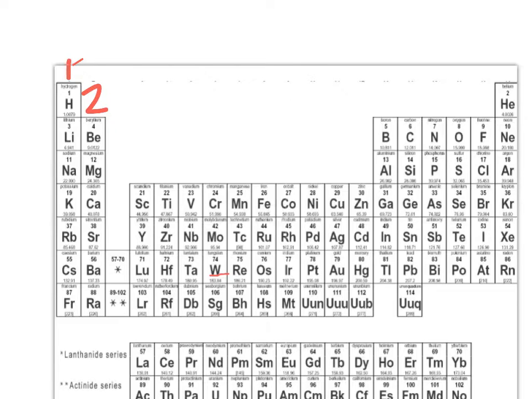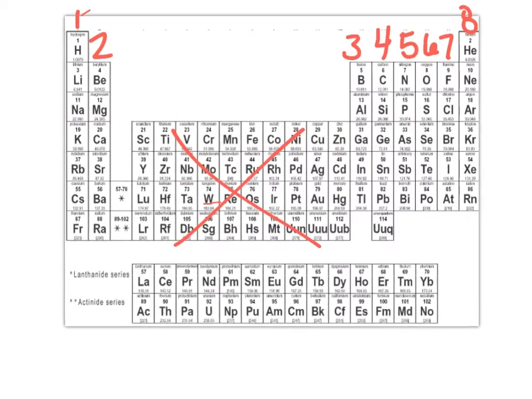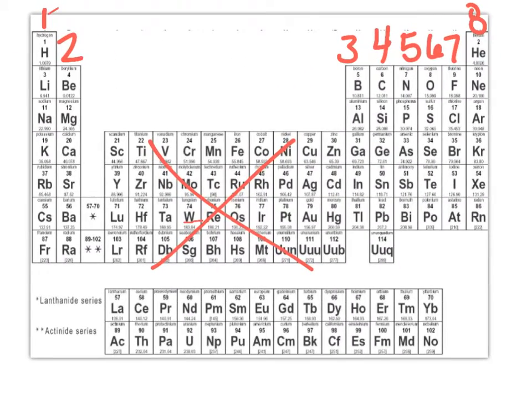And for our purposes, we don't care about this stuff in the middle, so we're going to skip over to boron. That's 3, carbon 4, 5, 6, 7, and then 8. So make sure your periodic table is numbered like this. And you're going to need to reference back to it when we go to figure out some examples.